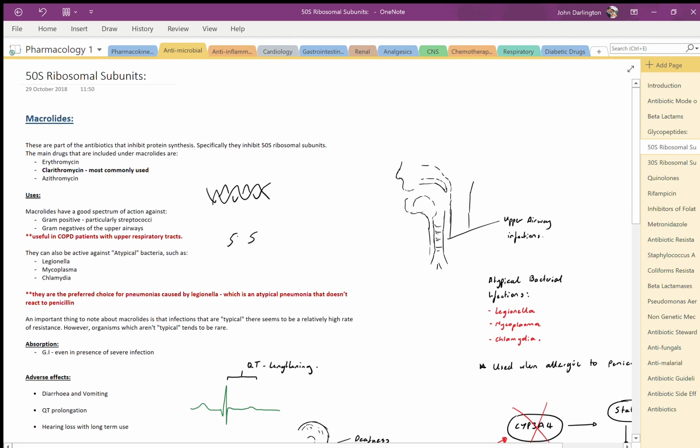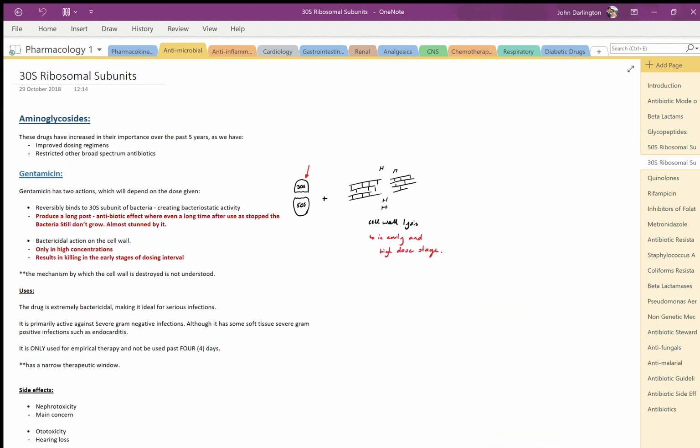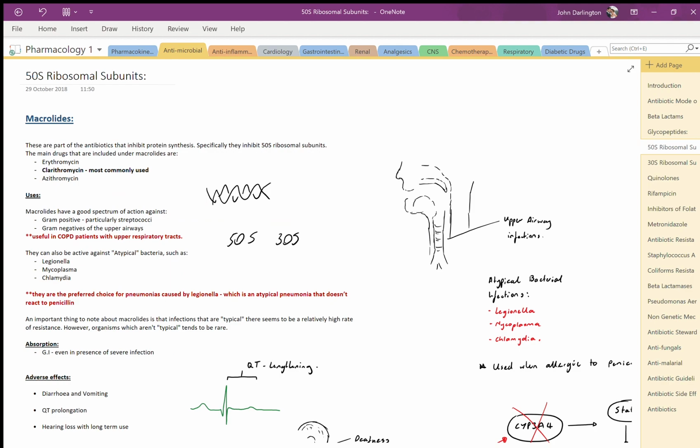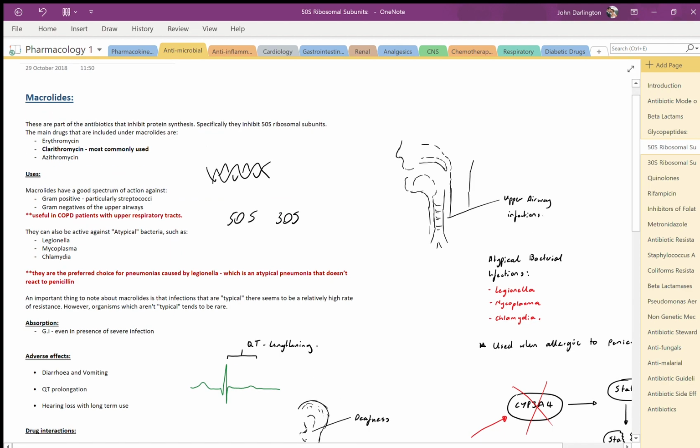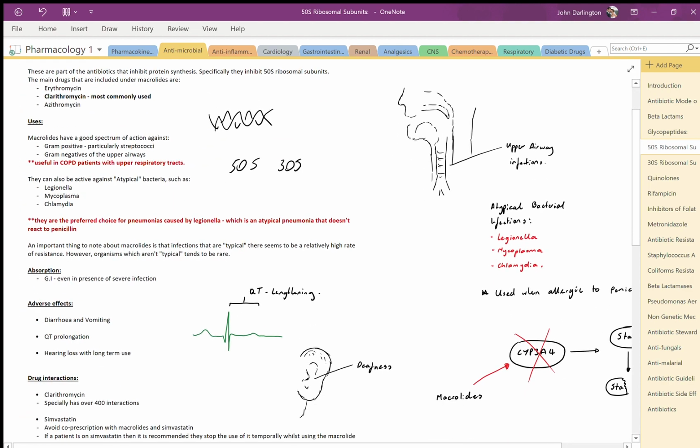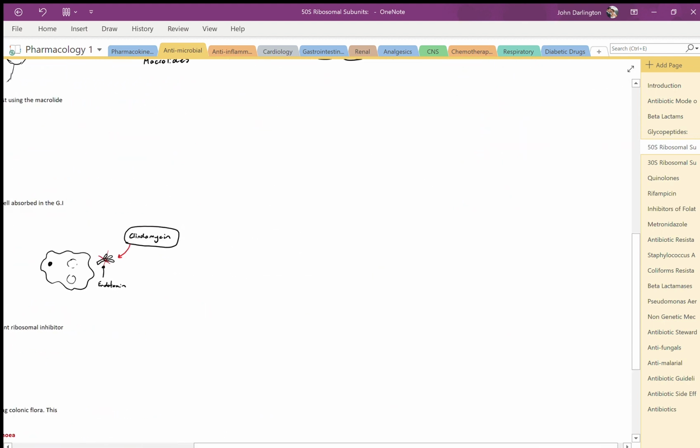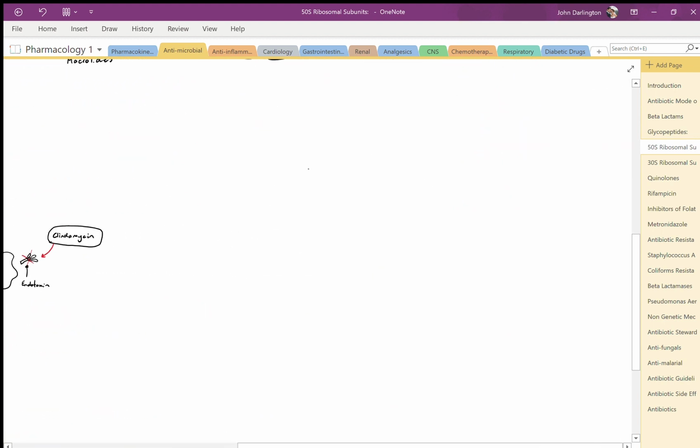So what does 50S mean? What does the 30S mean, which comes down in these drugs here, which we'll talk about? Well, what it means is the sedimentation rate of these different bits. So I'll go down here and I'll just draw this out a little bit more. I mentioned to you, you've got this subunit of the ribosome and this lower subunit of the ribosome, and then the mRNA sits in here.